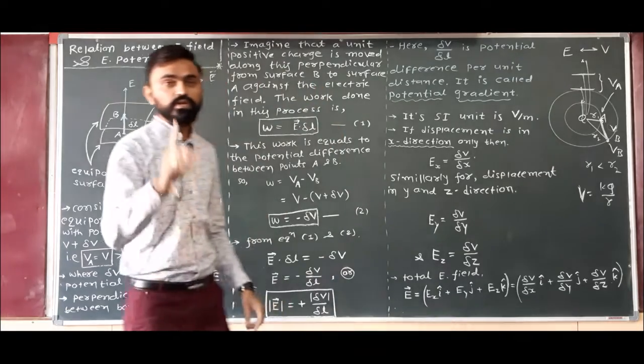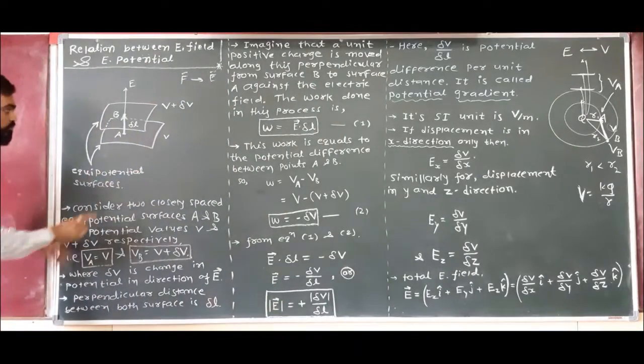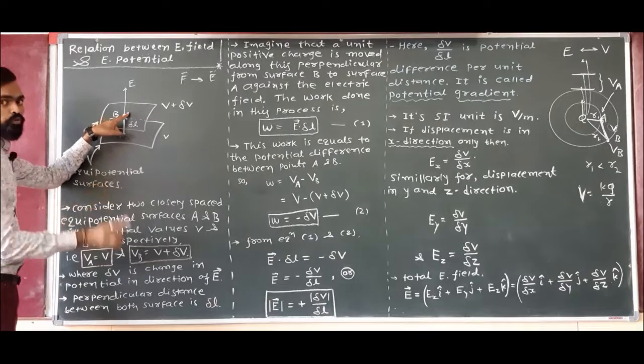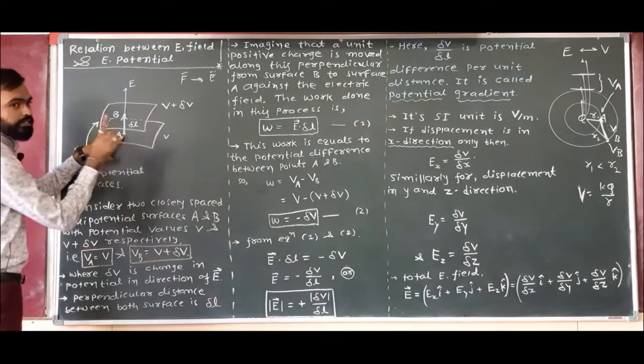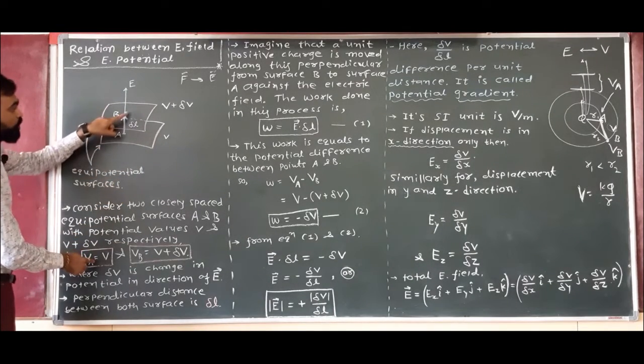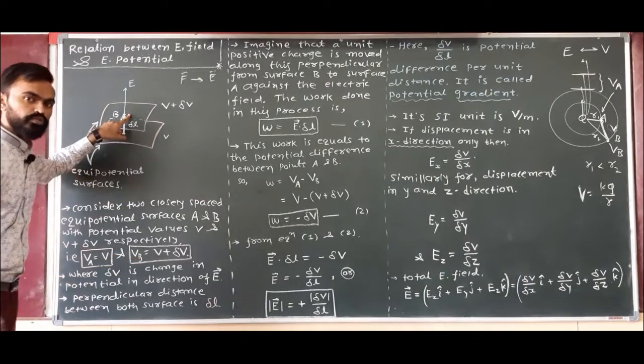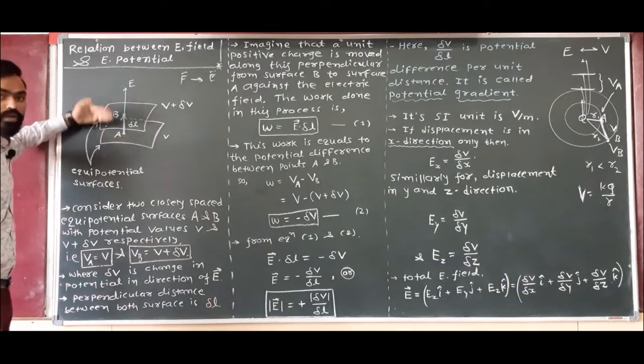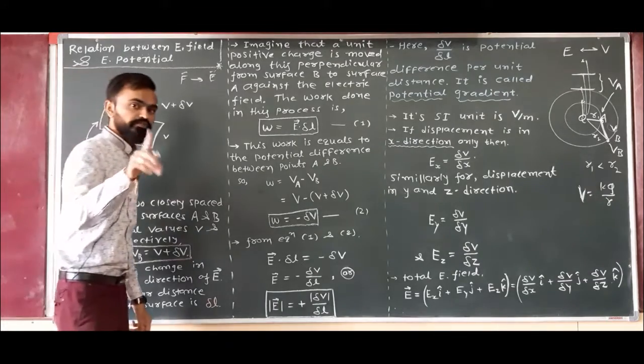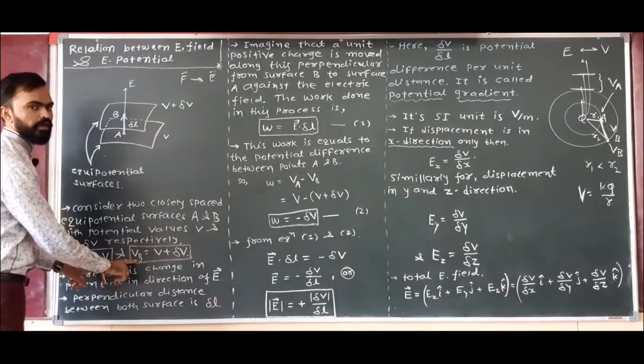So here we move our charge from point A to point B. The potential at A is VA and at B is VB. Then the work needed to move this charge from A to B is the potential difference between VA and VB, right?